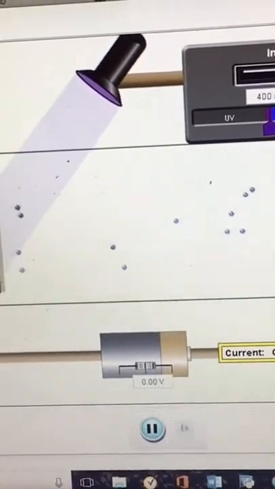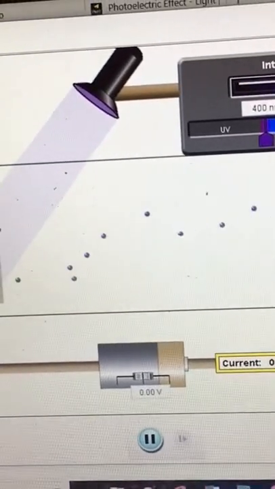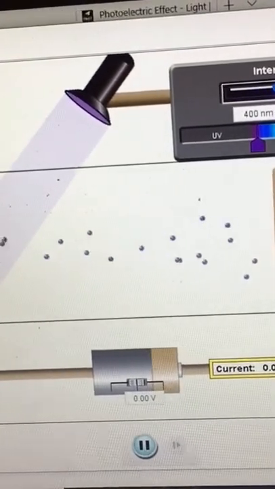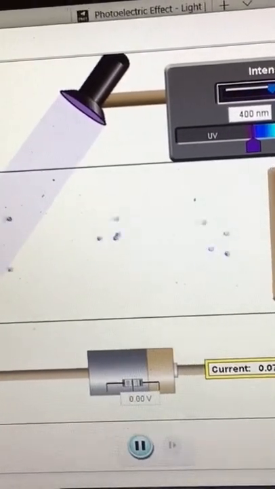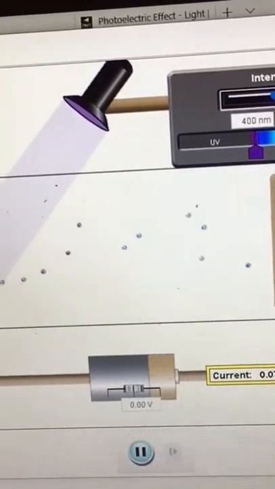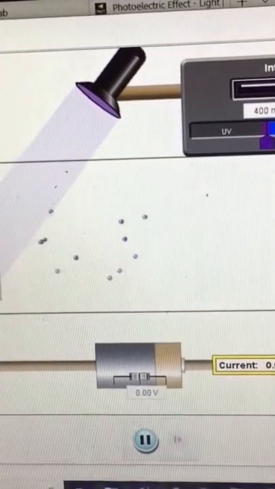As you can see, the relationship between the intensity of the incident light and the number of ejected electrons is that as the intensity increases, the number of electrons coming out increases.